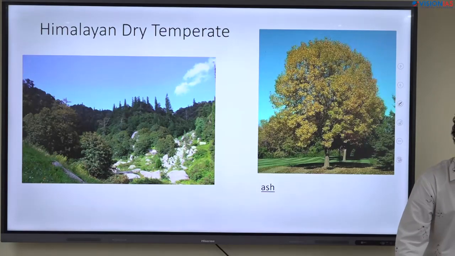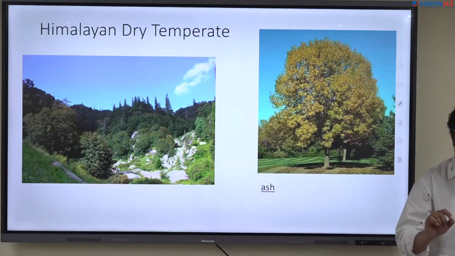Start from Kashmir. Kashmir, Himachal, Uttarakhand, Arunachal. Okay, no, not in Assam and Meghalaya. It's not present in Assam, Meghalaya or Tripura. It is only present in Kashmir, Himachal, Uttarakhand and Arunachal.